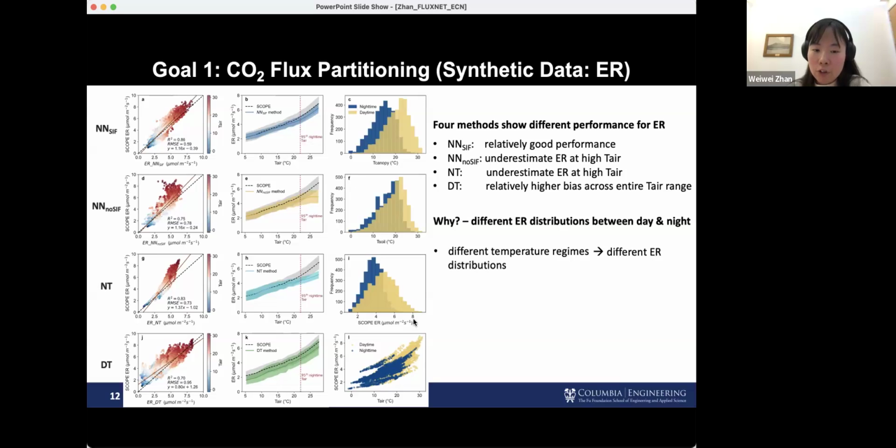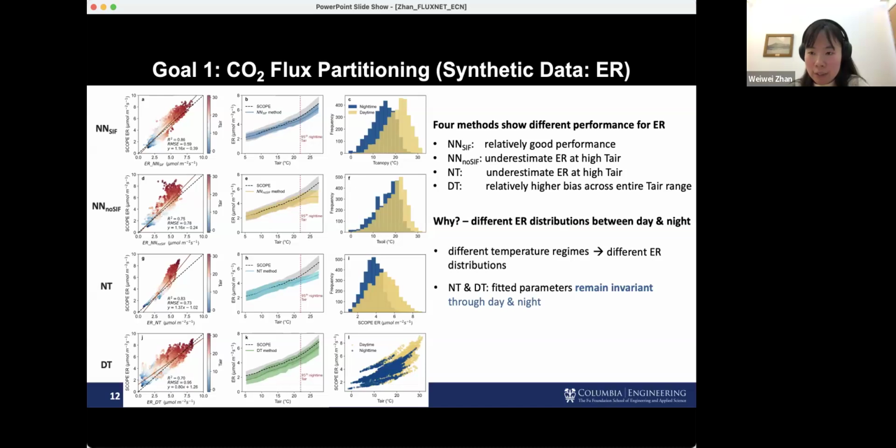So basically, daytime ecosystem respiration has overall higher magnitudes and also a steeper slope with respect to air temperature. But the nighttime and daytime methods assume that the respiration-related parameters remain invariant from day to night.